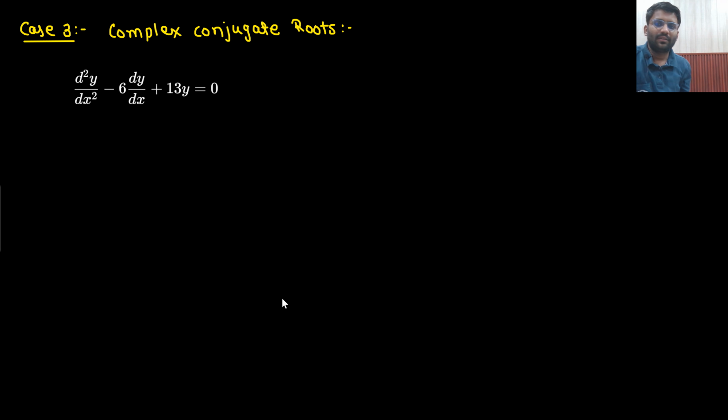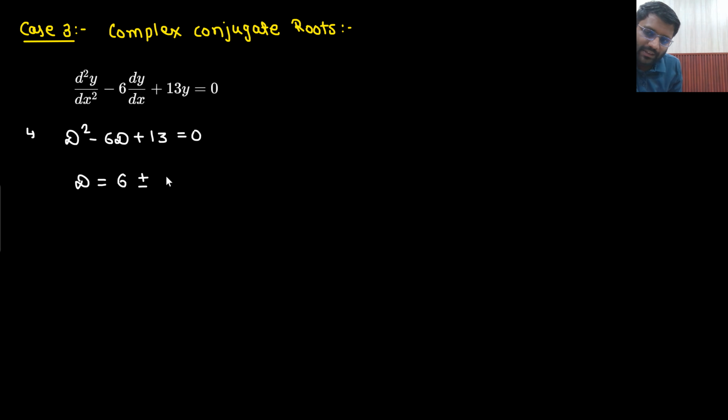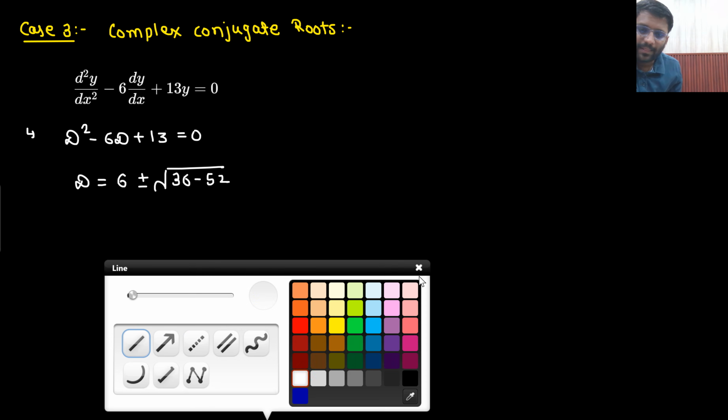Understandable? Let's see the third case, in which this time the roots will be complex conjugate. So let's solve the auxiliary equation. What is the auxiliary equation you will be getting? d square minus 6d plus 13 equals 0. So what will be the value of d? The value of d will be minus b plus minus under root b square minus 4ac upon 2a.